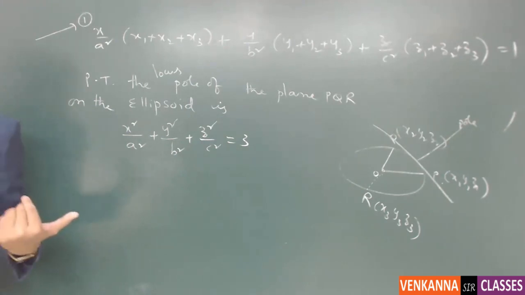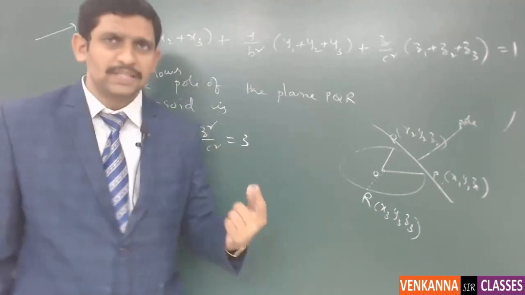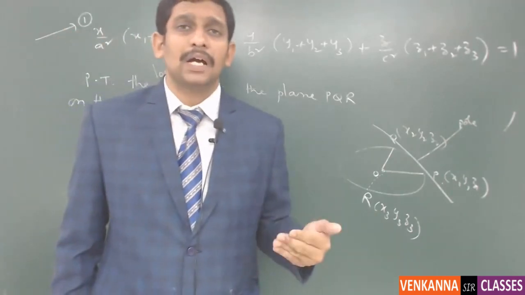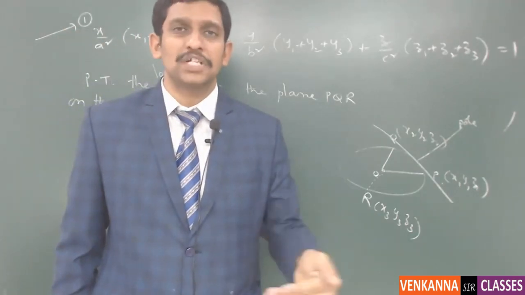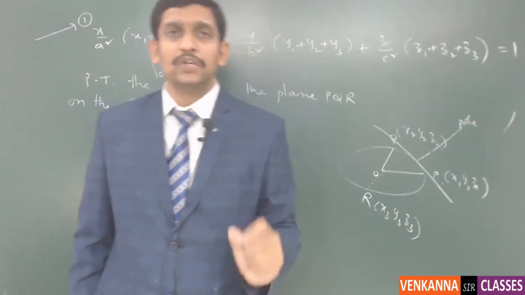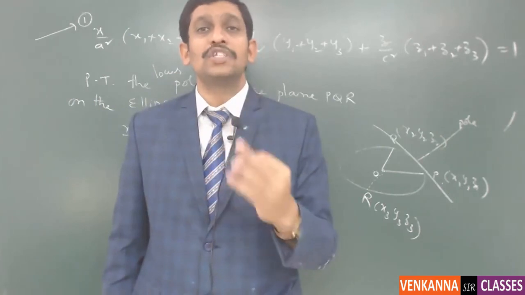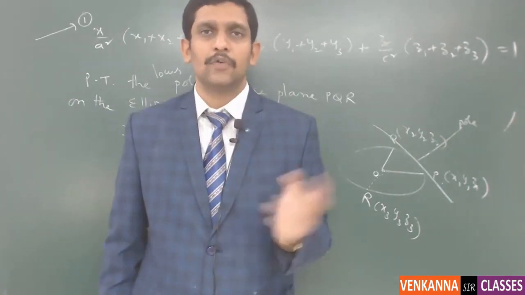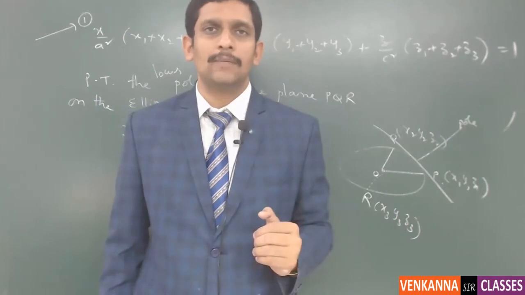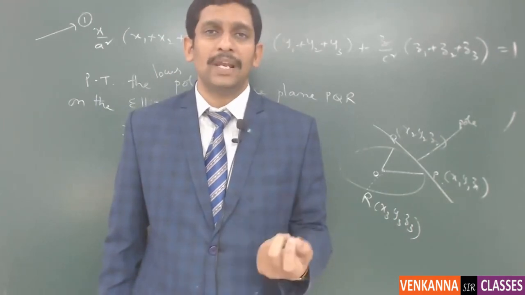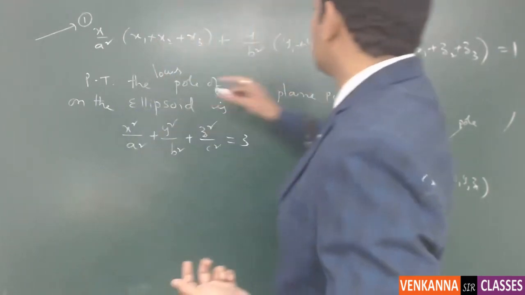So in the first place, as per the previous problems discussion, whenever you take an ellipsoid having 3 conjugate semi-diameters, OP, OQ and OR, the equation of the plane is nothing but this equation.